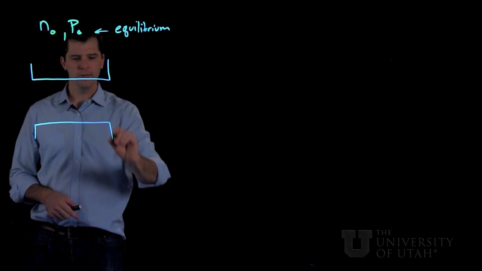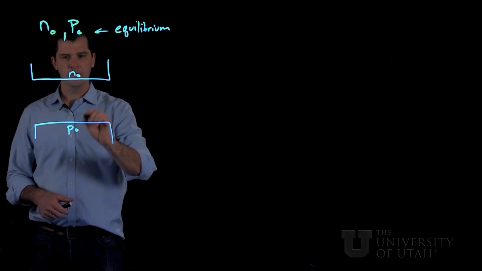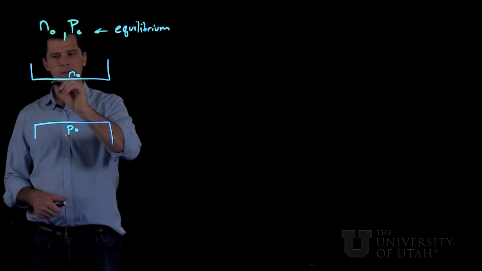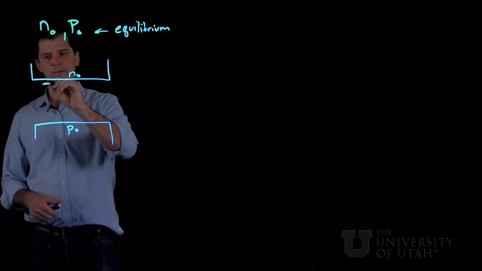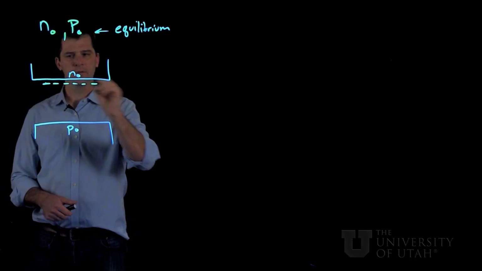A semiconductor in equilibrium actually has a lot of different processes happening. So let's take an N-type semiconductor, for example.